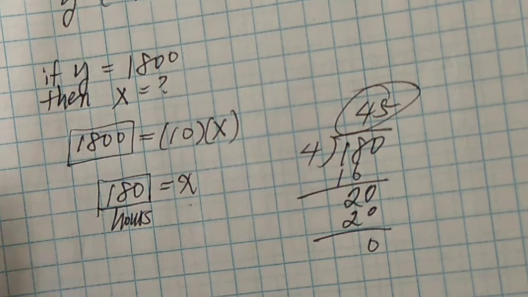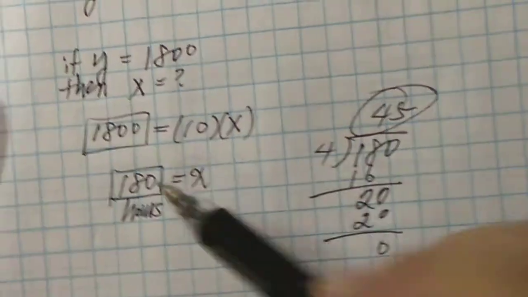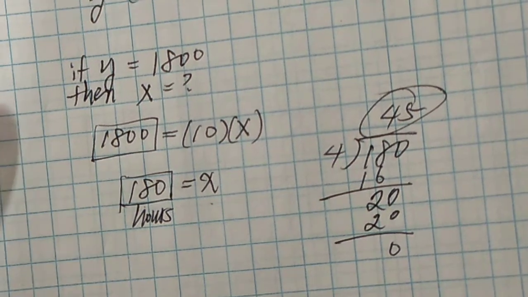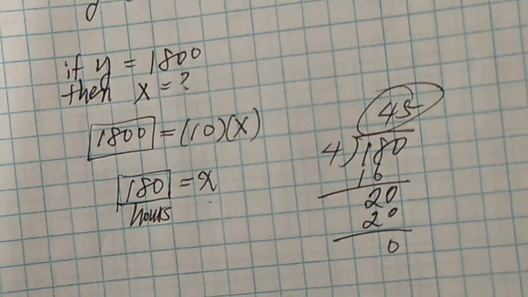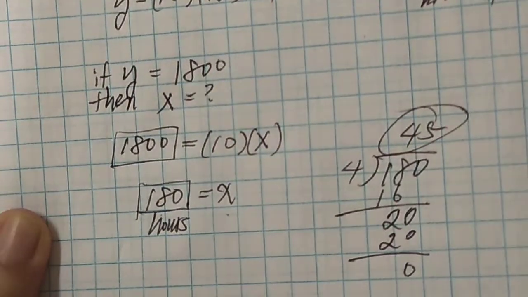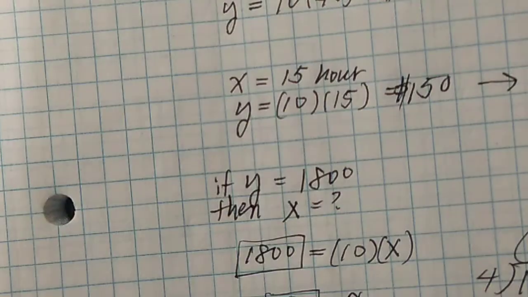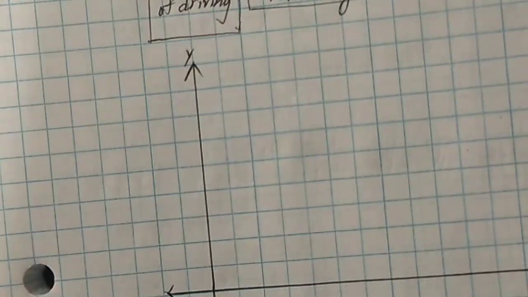But at the rate of $10 an hour, he really has to work a lot just to make $1,800. But that's what happens when you make minimum wage. You don't make that much money, but you are able to survive, barely. Because in the United States, things cost a lot, and $1,800 is really not very much.